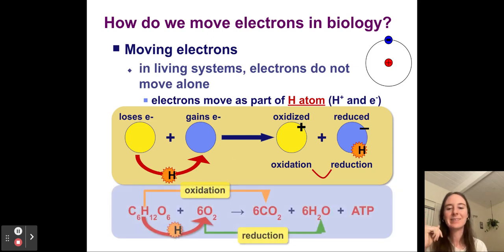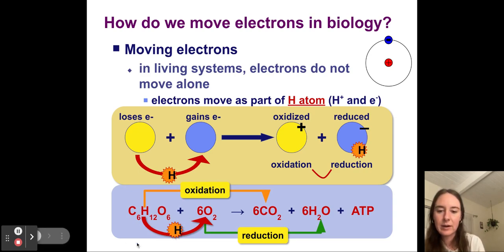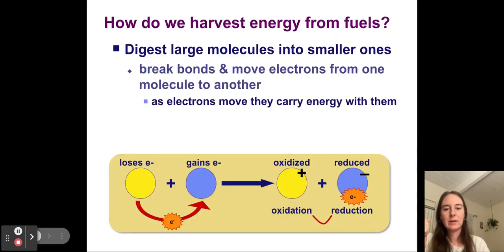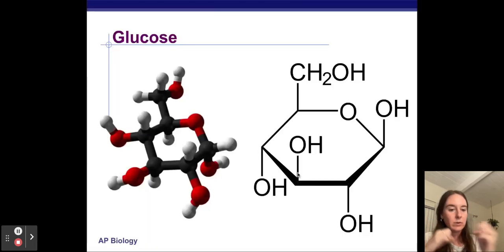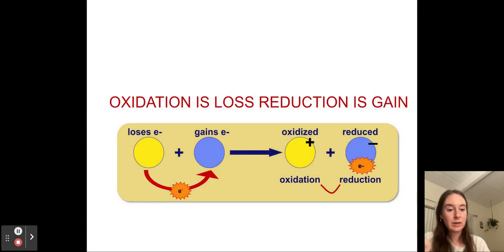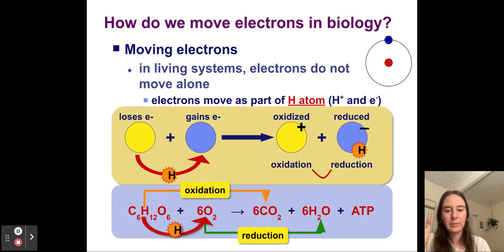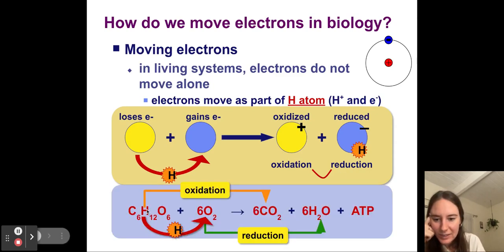Okay, all right. So let's take a look at an example of an actual chemical reaction. Let's take a look at our glucose molecule here. Notice that the glucose molecule is being broken apart, right? It's being torn apart, and something's happening to those electrons in the glucose molecule. Notice that the hydrogens are being broken off.